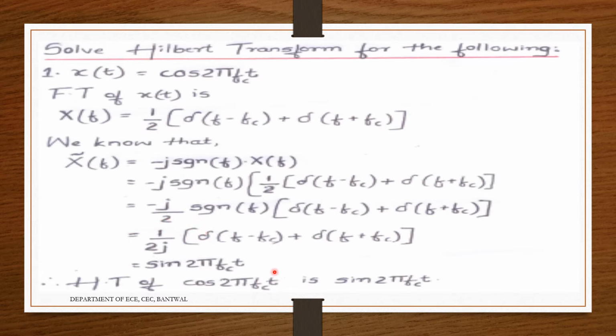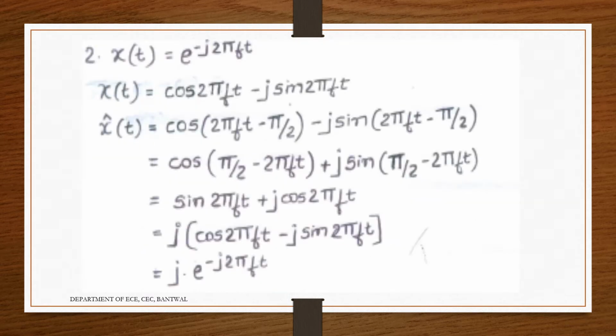So this we represent as nothing but sine 2 pi fct. As per the table in video 1, we have told that the Hilbert transform of cos 2 pi fct is sine 2 pi fct. Similarly, we can do it for sine 2 pi fct to get minus cos 2 pi fct, like that.